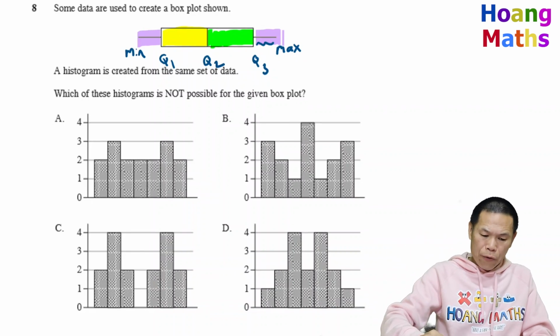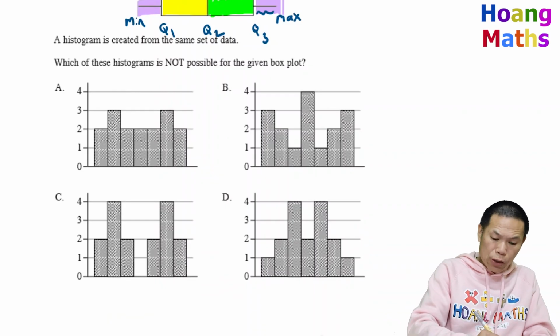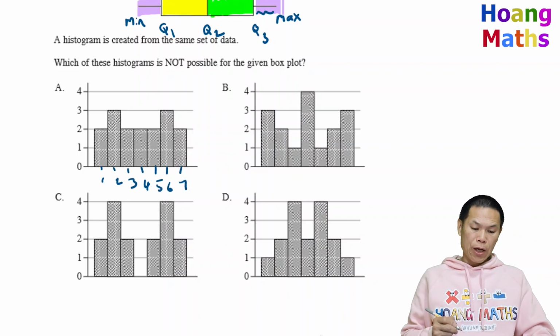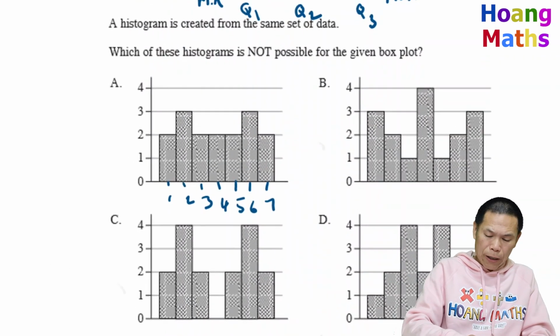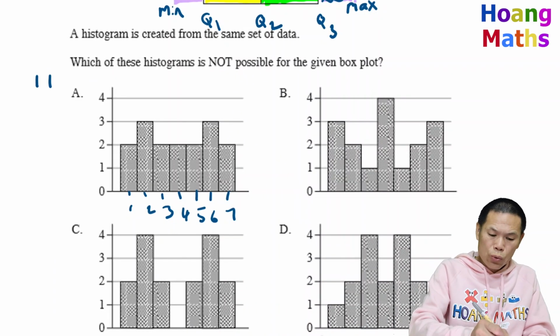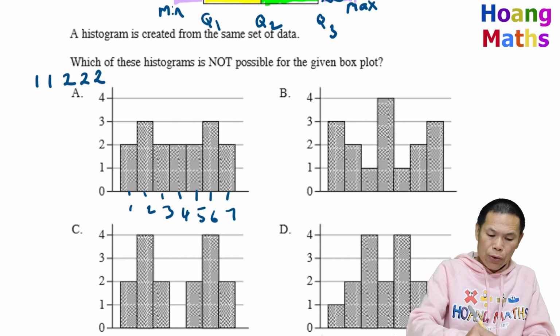For example, for part A, let's say the scores are 1, 2, 3, 4, 5, 6, 7. Let me list it out here. 1 comes out 2 times, so 1, 1. 2 comes out 3 times, 2, 2, 2.